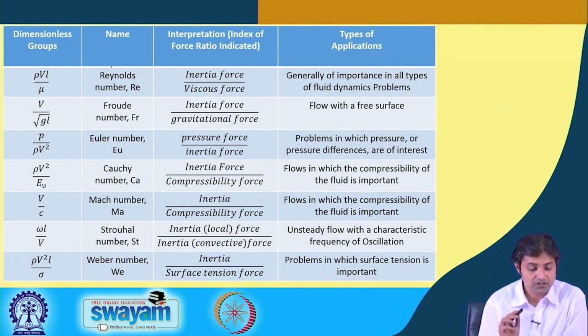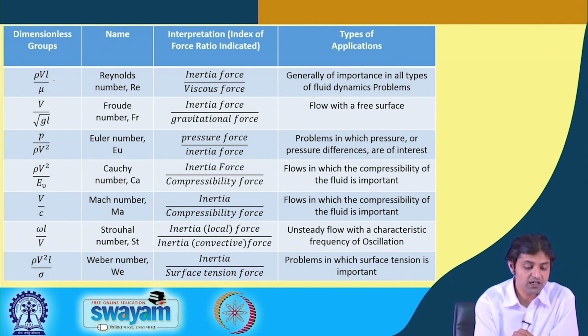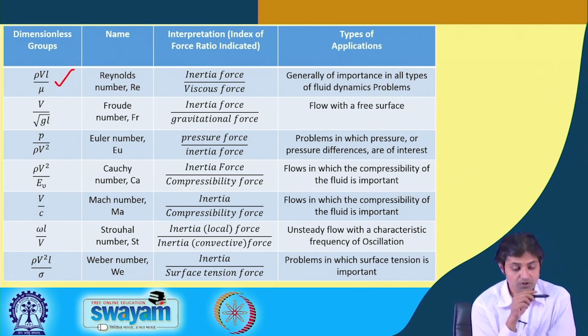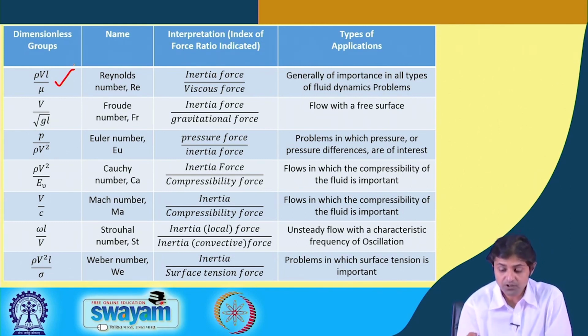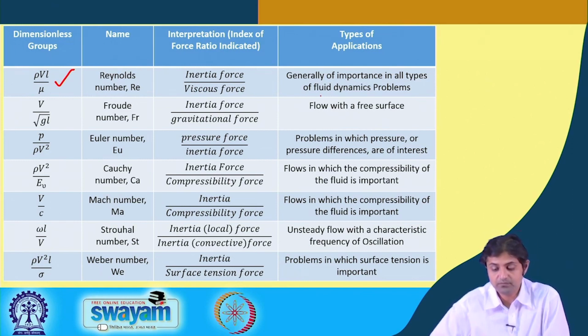The dimensionless group is written as rho v L by mu, and the Reynolds number by definition is the ratio of the inertia force to the viscous force. It is very important in all types of fluid dynamics problems. Reynolds number will be there in any flow problem.